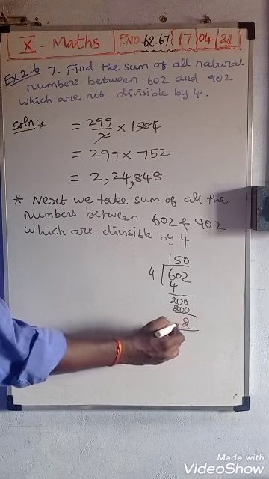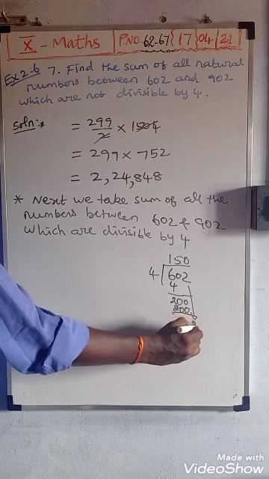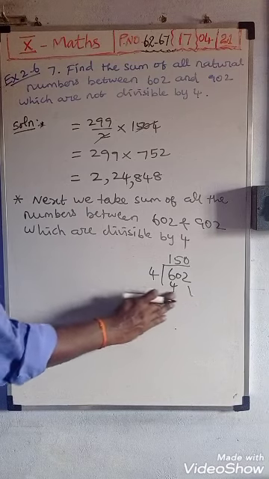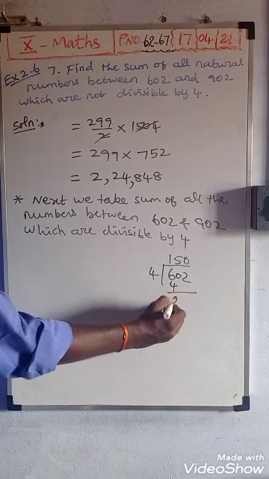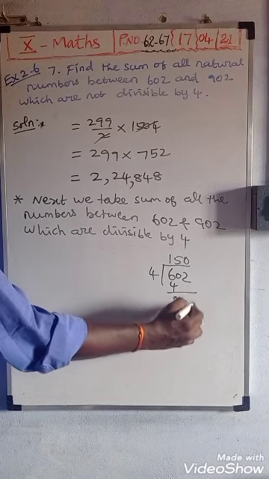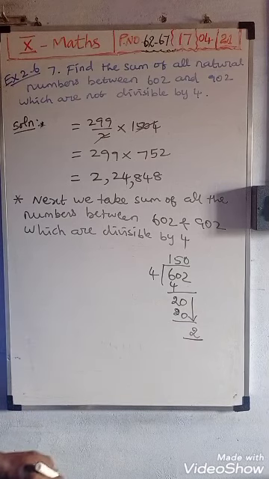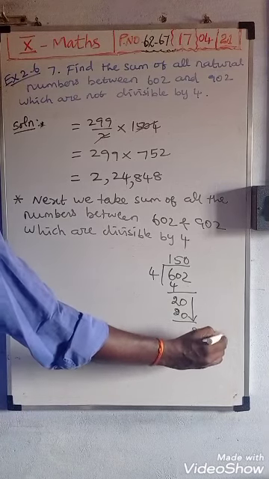Remaining we receive 2. This 2 will come down, 2 0, 5 4s are 20. Next 2 comes down, so the remainder is 2.